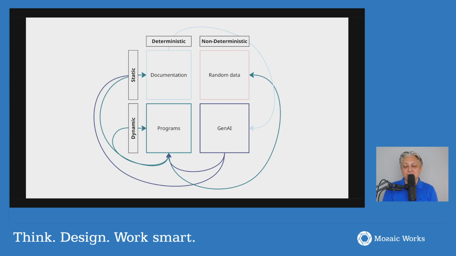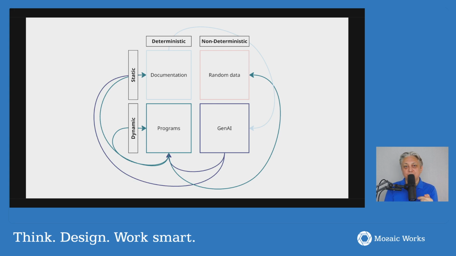So we can use GenAI to generate code, but you see that code is dynamic. So we are only moving on one axis. We're moving from non-deterministic to deterministic.